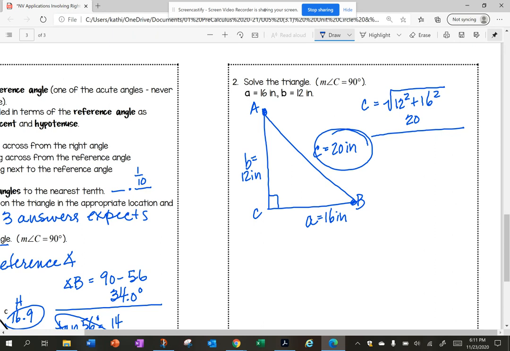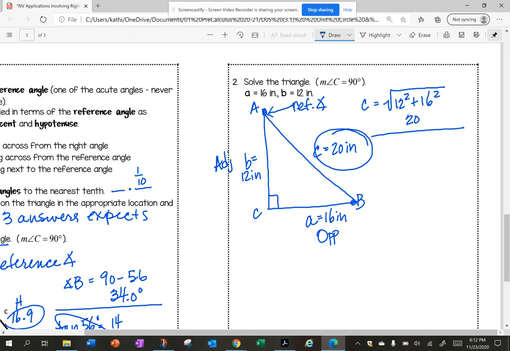I'm choosing angle A as my reference angle. It does not matter if I choose B. I'm just picking which one is first in the alphabet. It's okay with me. So if I pick angle A as my reference angle, I want to use my two original pieces of information. So this would be my opposite side, and this would be my adjacent side.